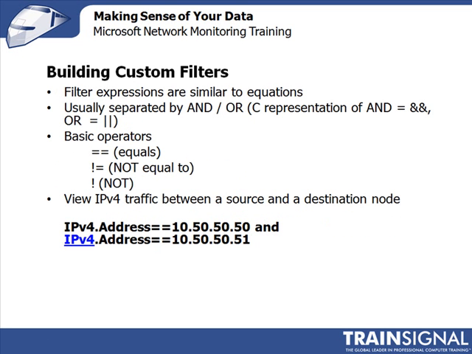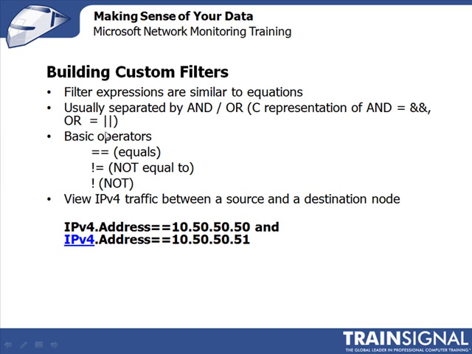Building those custom filters, well, your filter expressions are pretty much the same as building an equation. They're usually separated by the word and, or the word or. And the C representation of and is the double ampersand. The C representation of or is the double pipe. So you can choose if you want to type the word and or use the C representations of either of those.